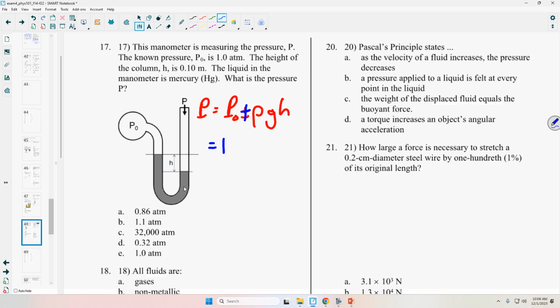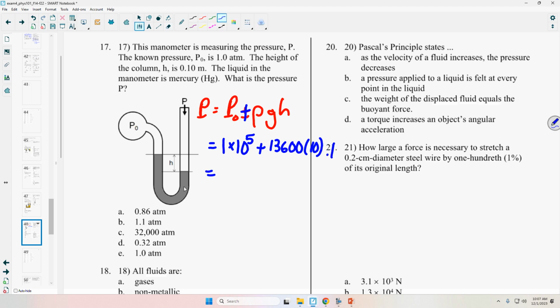P naught is 1 atmosphere. That is 1 times 10 to the 5th. Make sure you change it to pascals. Plus the density. This has mercury, so you have to look in your table. That's 13,600 for mercury times 10 times h. h is 0.1 meters.